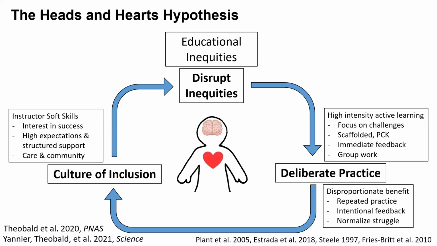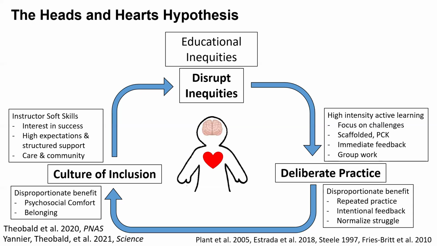But high intensity active learning also needs to happen in a classroom that prioritizes a culture of inclusion, which can be enhanced with instructor soft skills. That includes how we allow students to ask questions, how we respond to them, and demonstrating that we care deeply about their success. That success means high expectations, but with structured support to ensure students are able to meet those expectations, and caring both for the student and for the community they're living and working in.